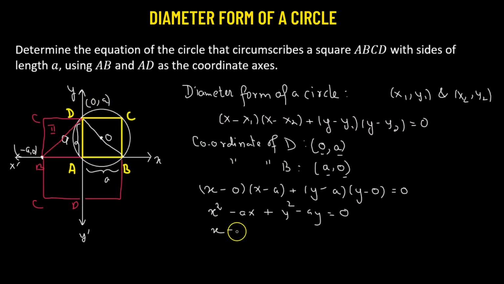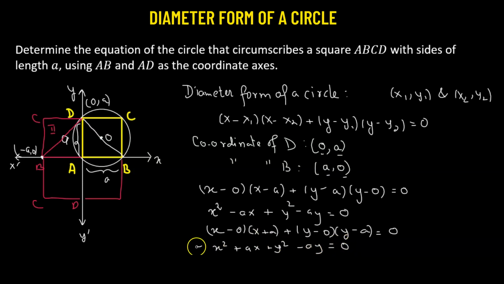In that case, we have (x minus 0)(x plus A) plus (y minus 0)(y minus A) equals 0. So this is going to give us the equation x squared plus ax plus y squared minus ay equals 0. So we have this equation.